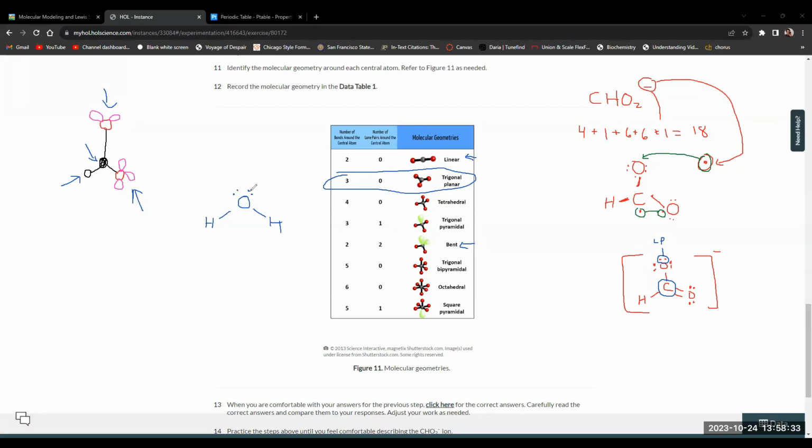It's actually bent because of the lone pairs, not linear. So yeah, these green bubbles represent lone pairs. Okay.